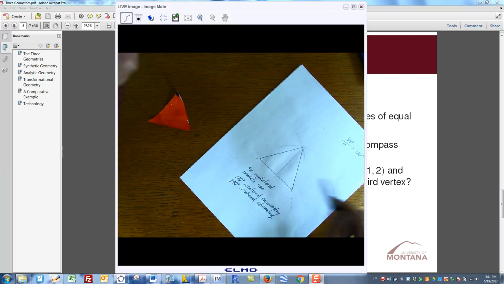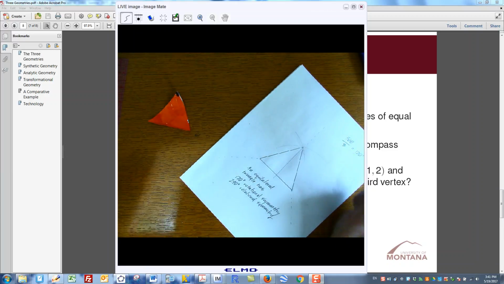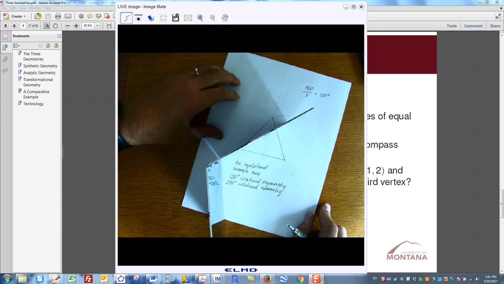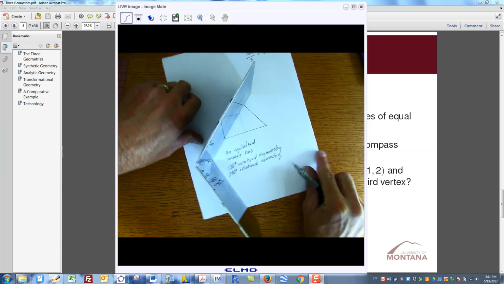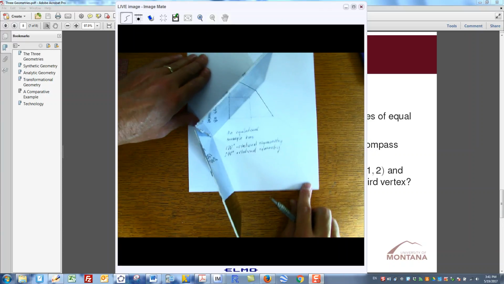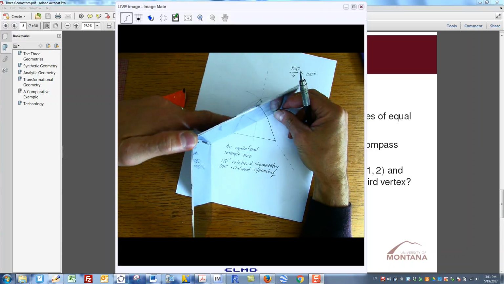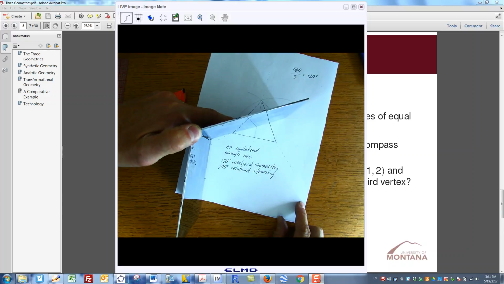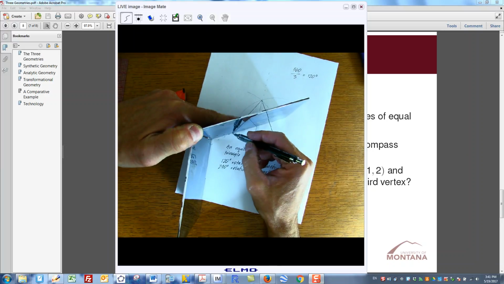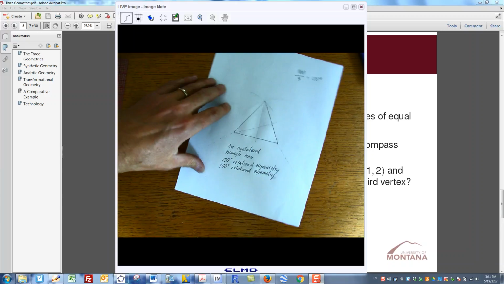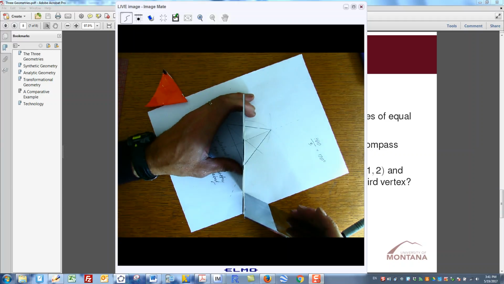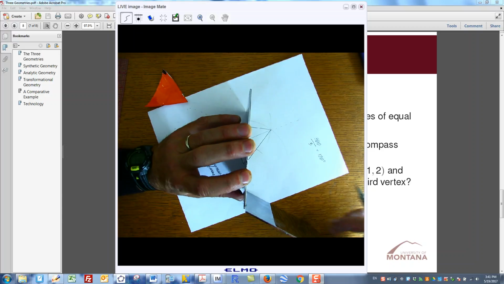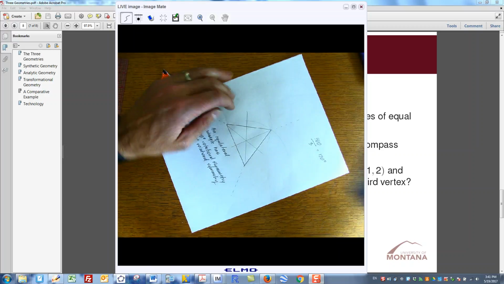So that would be one line of symmetry, and it seems to stand to reason that that would be true as well from this vertex. I don't know if you can see that, if I can turn it a little bit. If I move it to about right there, I seem to be getting a nice line of symmetry there as well. And finally, it looks like there would be one right here. And interestingly enough, it seems to go right through that point where the other two lines of symmetry meet.